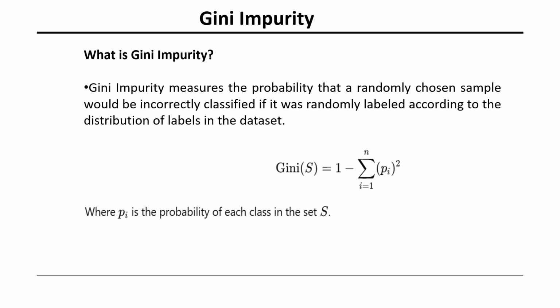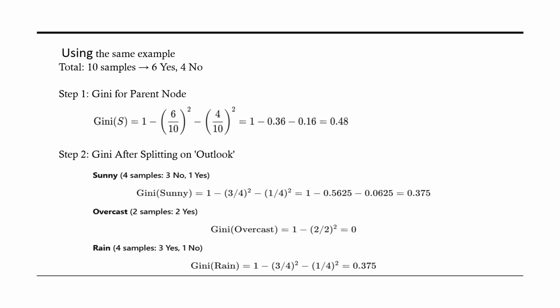So the Gini formula for S, where S is the output playing tennis, is 1 minus summation i varies from 1 to n, for how many outlooks, of the probability p_i whole square, where p_i is the probability of each class in the set. Yes. So this is the definition of Gini impurity.